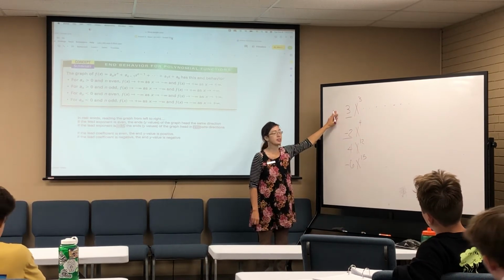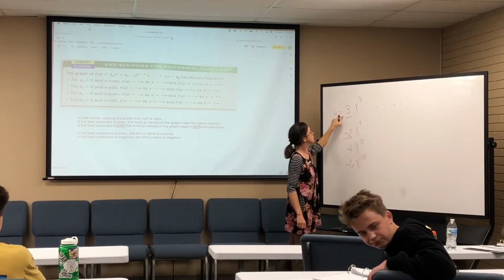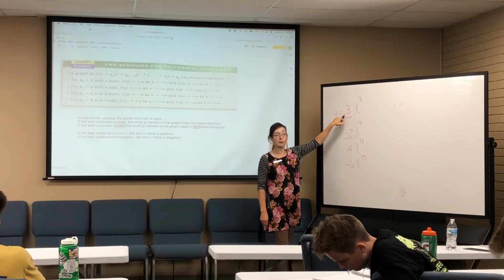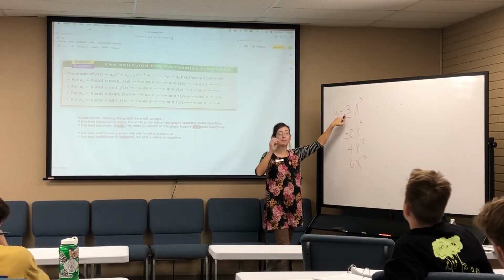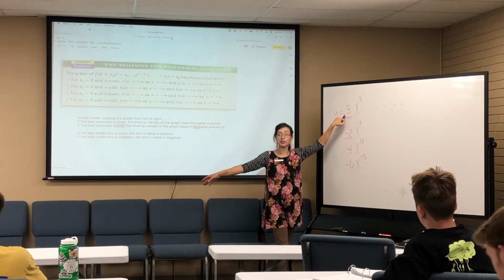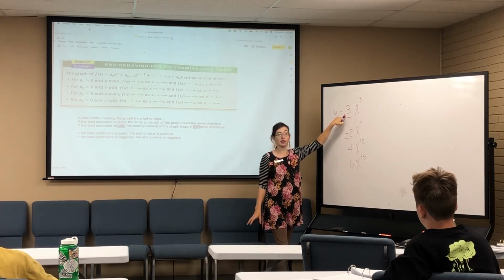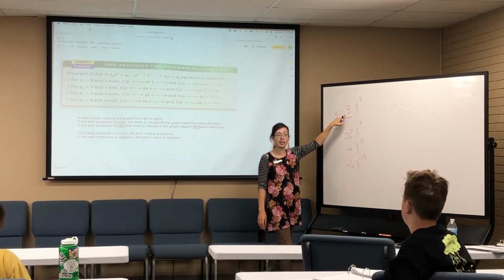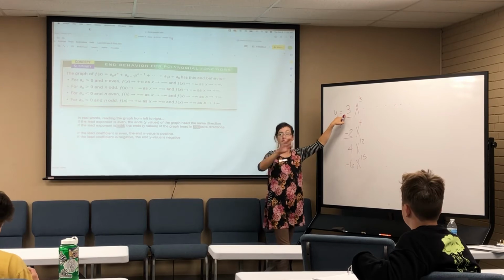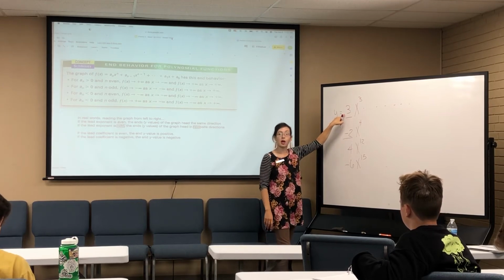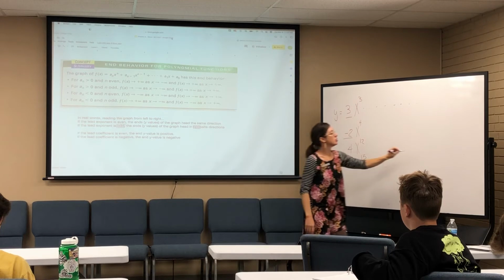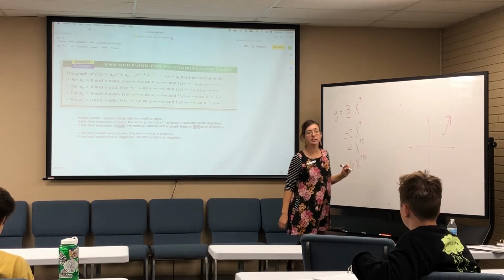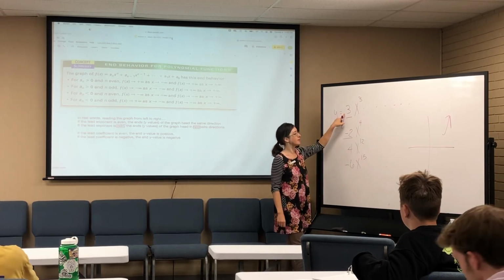Now we have our equation, and it starts y equals 3x cubed. My first number tells me the same thing it has told me all along. It tells me the direction that we're going. So if it is a positive 3, my graph reading from left to right is going to end positively. So if I have a graph somewhere, I'm ending positive, right?